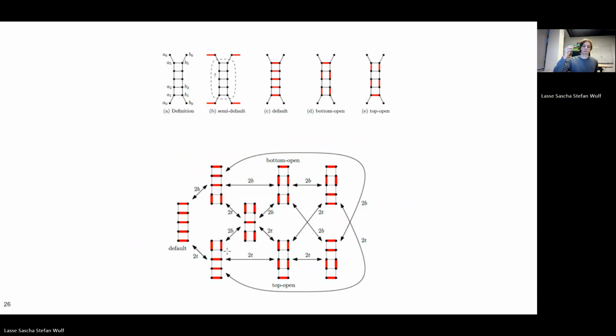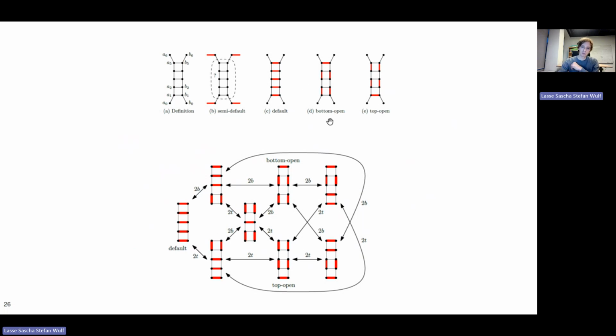And then the second ingredient is that you have a bunch of what we call ladder gadgets. And these are representing the inside of the for all gadgets. And the point is that the ladder can be bottom open or top open. And it starts in the bottom open or top open states and it wants to go to the default state.